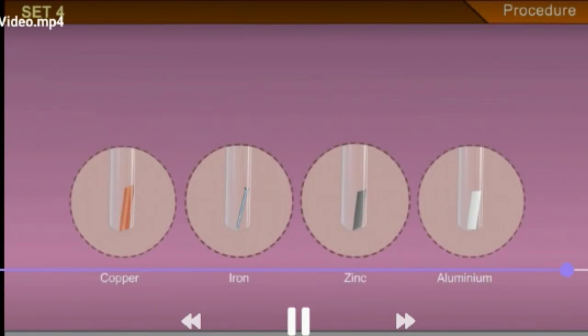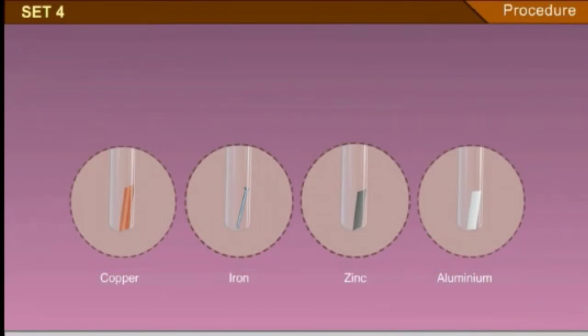Conclusion: as already proved in set 3, 1. Aluminium metal is the most reactive, therefore it does not react with its own salt, that is aluminium sulfate. 2. Zinc metal is more reactive than iron and copper. 3. Iron metal is more reactive than copper. 4. Copper metal is the least reactive.